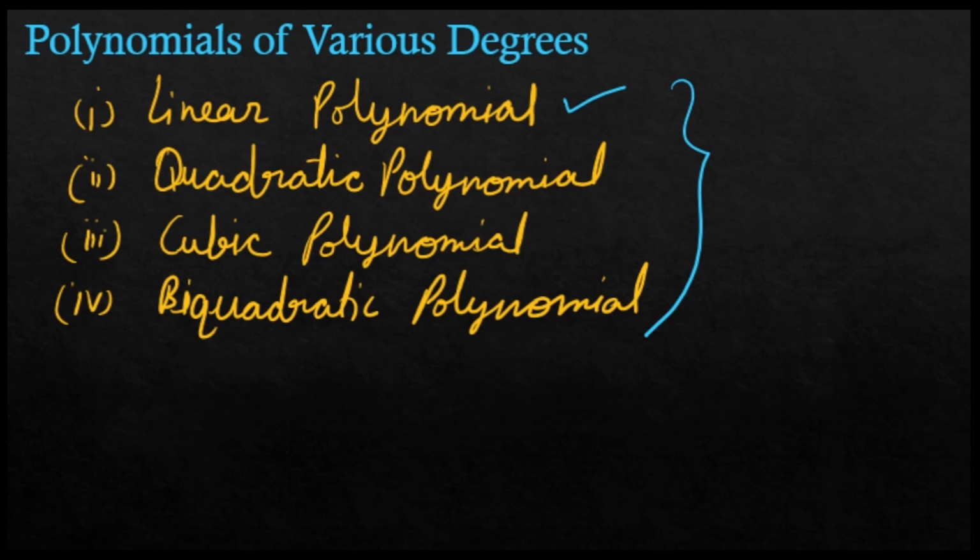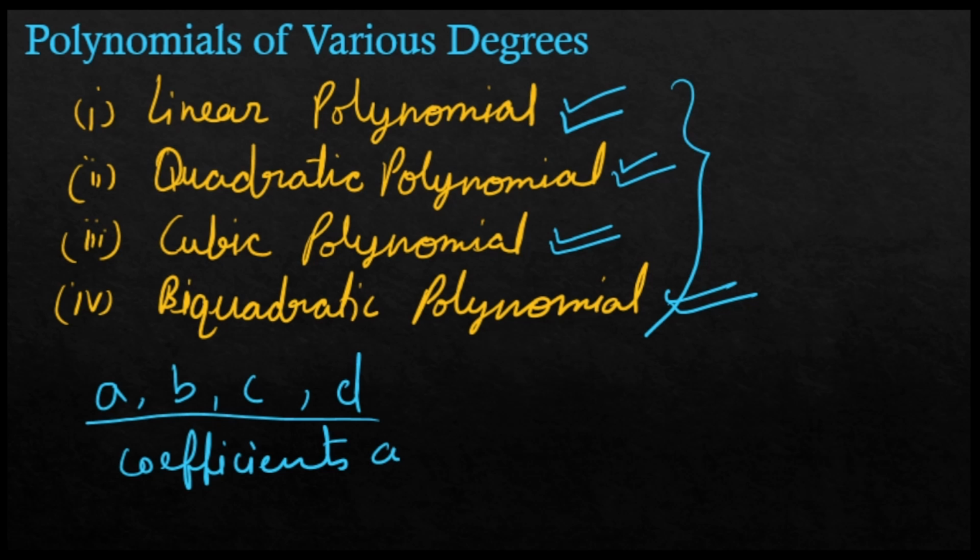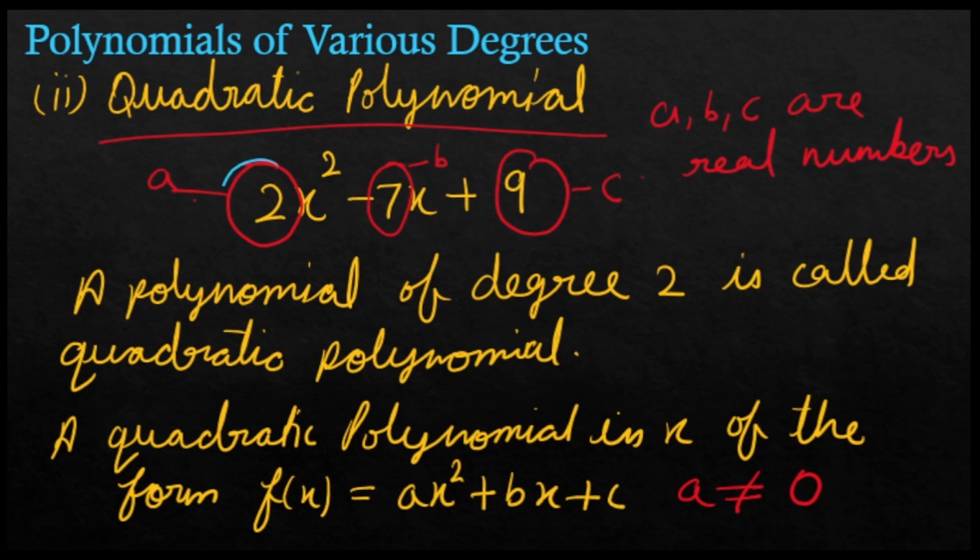In the linear polynomial, we have degree 1. In the quadratic polynomial, as explained earlier, we have degree 2. In cubic, we have degree 3. And in biquadratic, we have degree 4. The conditions for all these polynomials are the same: a, b, c, or d are coefficients and the last one is the constant.